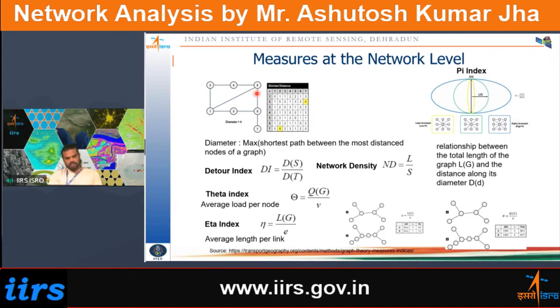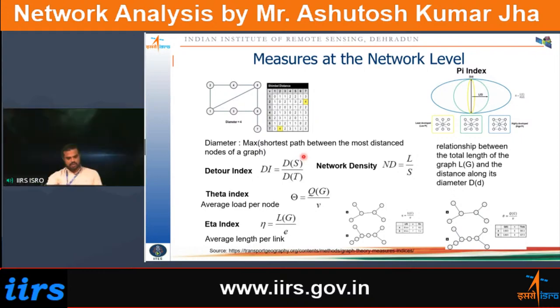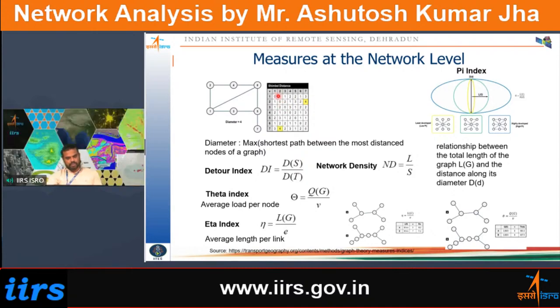Similarly, we have the detour index, which finds the total distances along the longest path compared with the shortest path. Then there are other indexes like the theta index, which tells you the average load in your network.